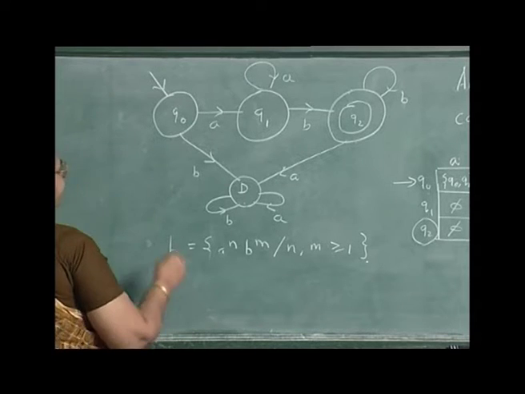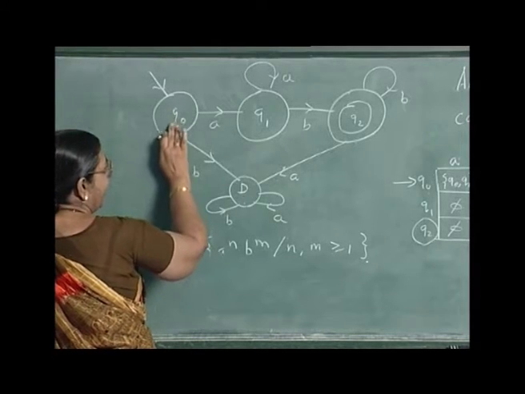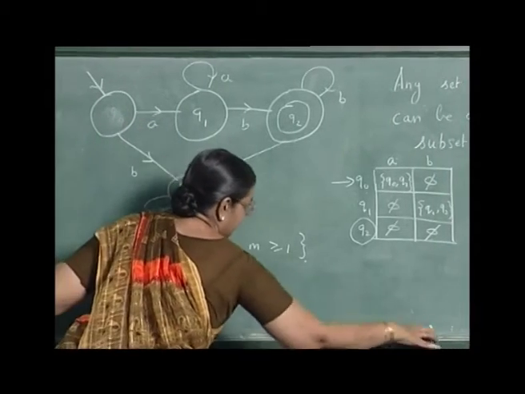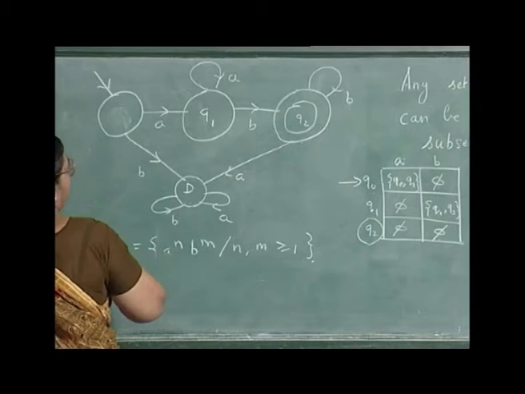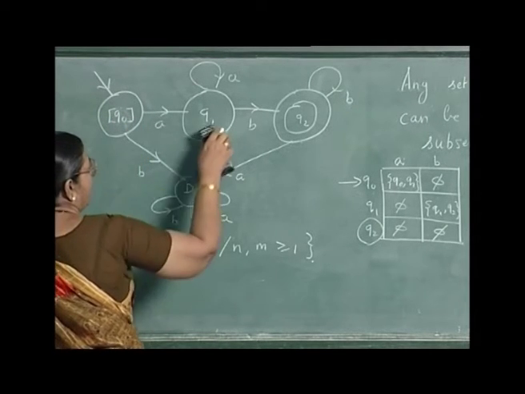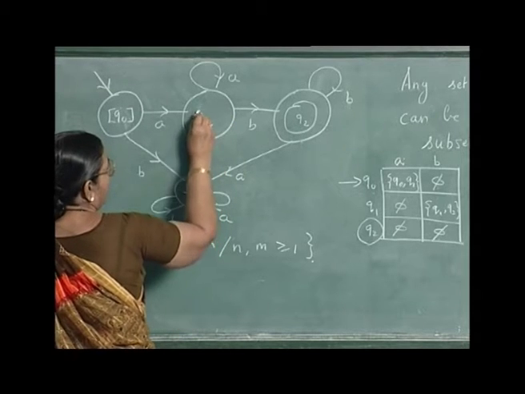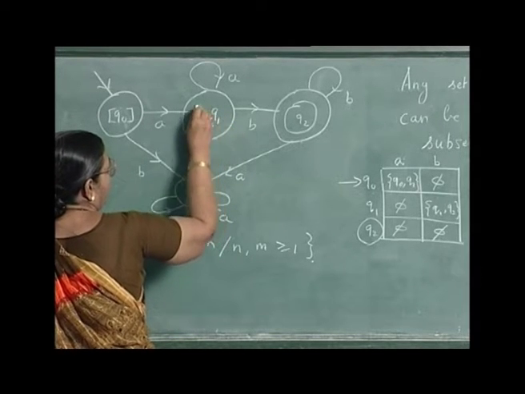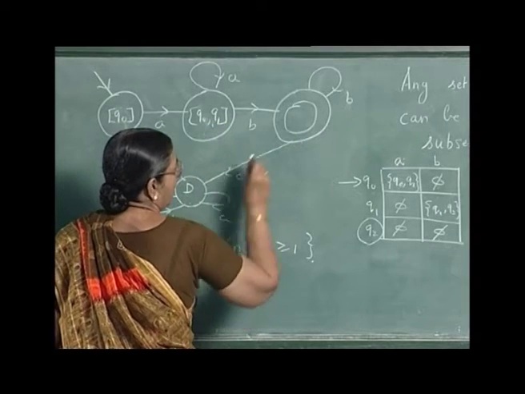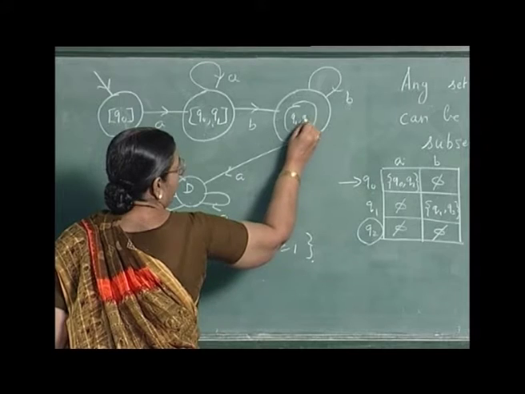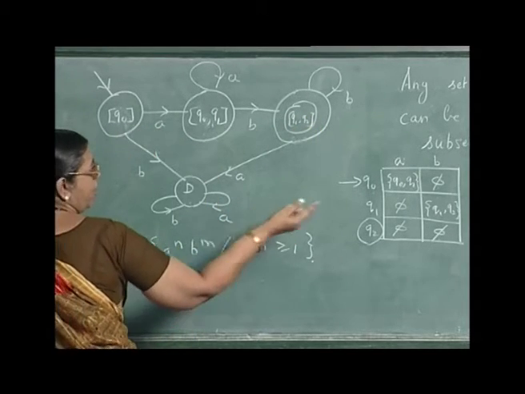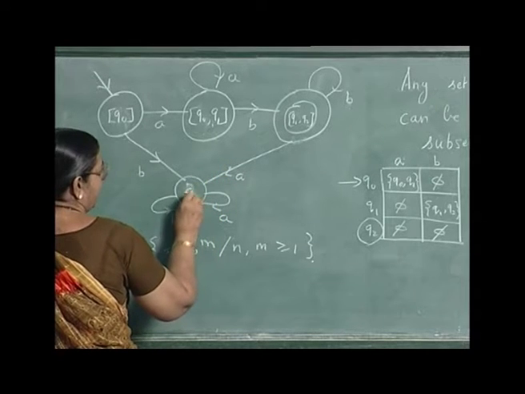I can relabel the states like this: Q naught, Q1, Q1 Q2. See, this denotes the same table. This one is phi.